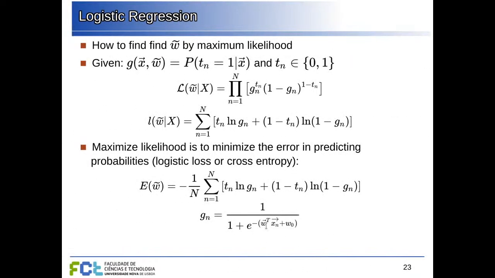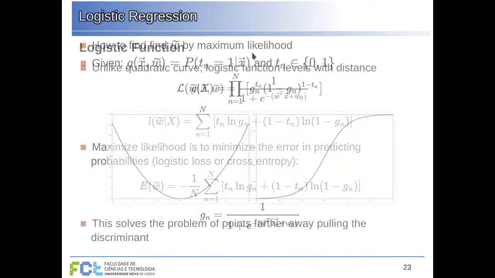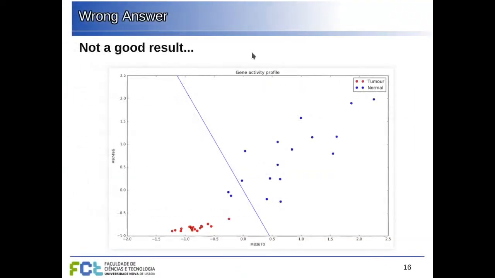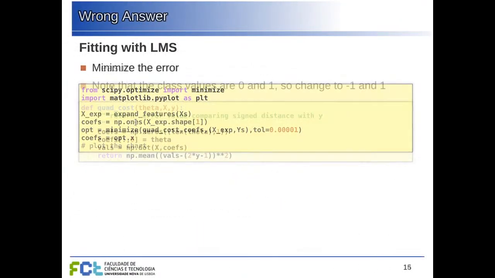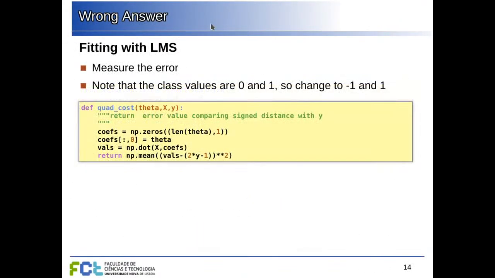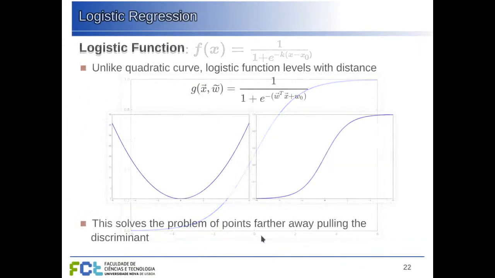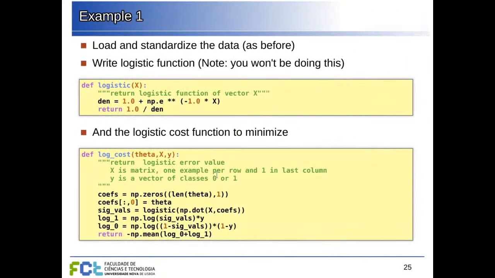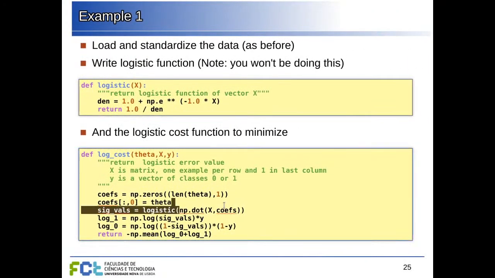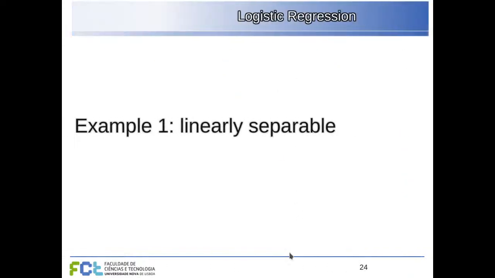So we can compute these values here by just doing the dot product. This is exactly the same as what we did in this other example, using the dot product here. And now we need to feed this into the logistic function. So when we do this dot product, we send the result to the logistic function. We get all these g values.